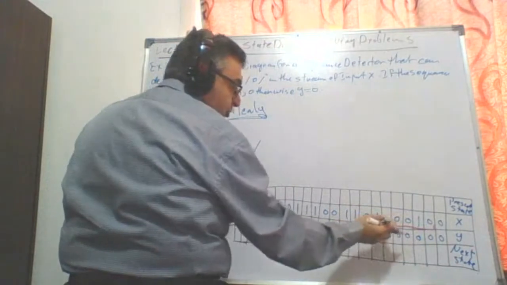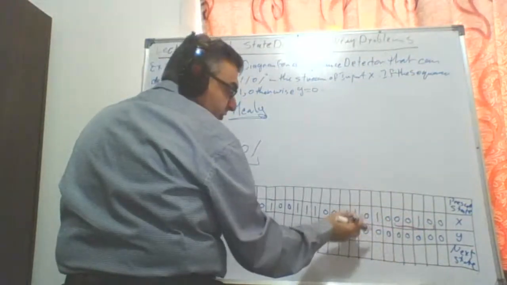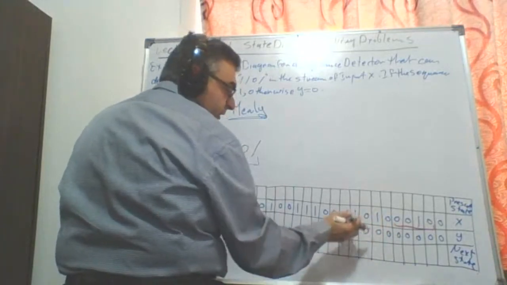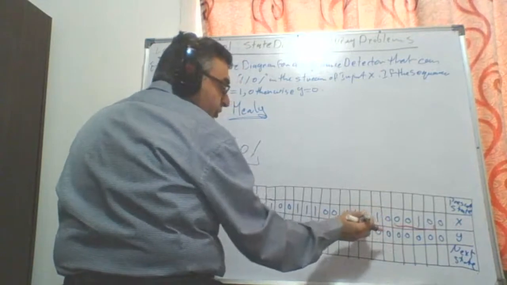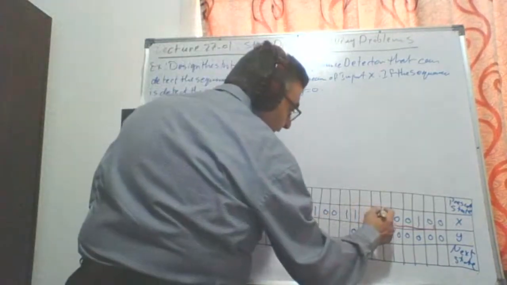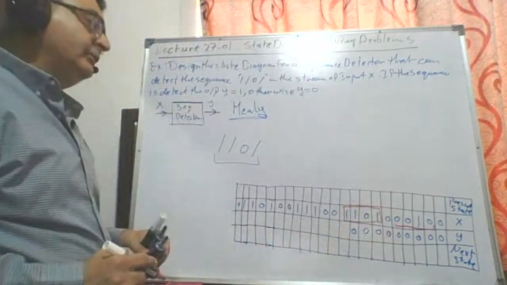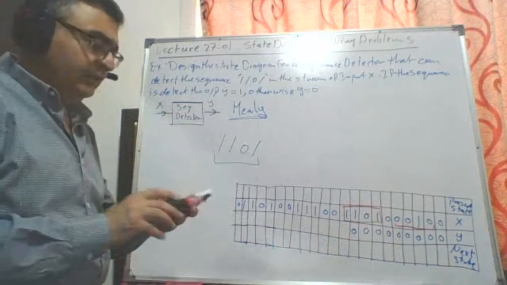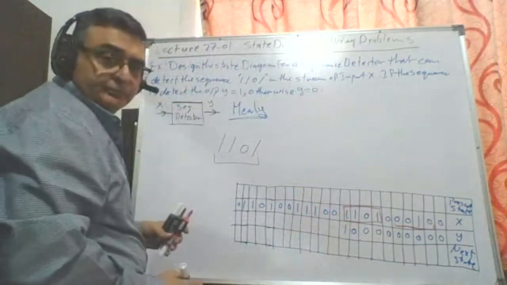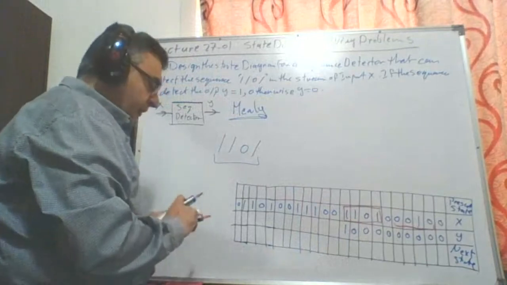For this one 0 0 1 0, no. For this 0 1 0 1, not matched. 1 0 1 1. Yes, I get the pattern. So here the sequence is detected. I can find the pattern in the sequence. Now Y should be 1. Do you agree? You understand how the sequence detector works? This is the most important thing.